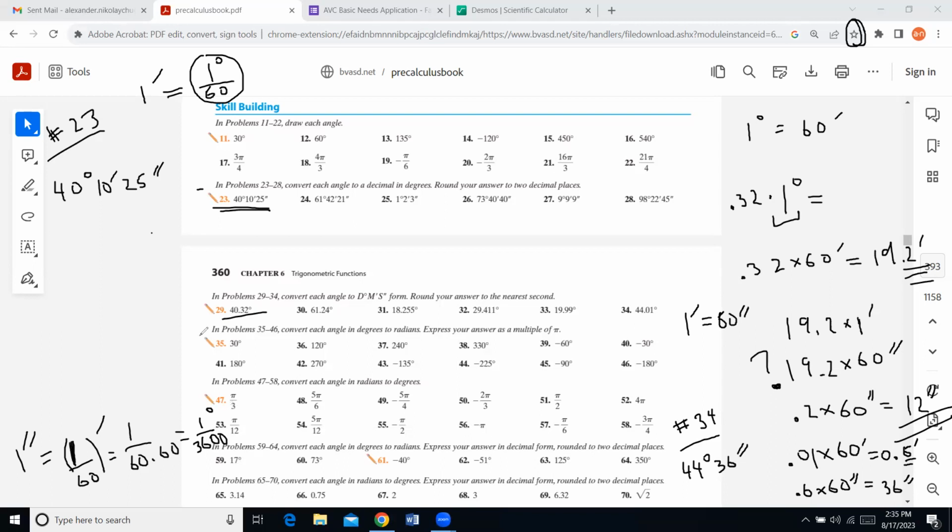So if I have such a number, then instead of 10 minutes, I write 10 sixtieths, because instead of minutes, I put sixtieths. And instead of 25 seconds, I put 25 thirty-six hundredths, you see? And there's still 40. So of course I put plus and a plus.